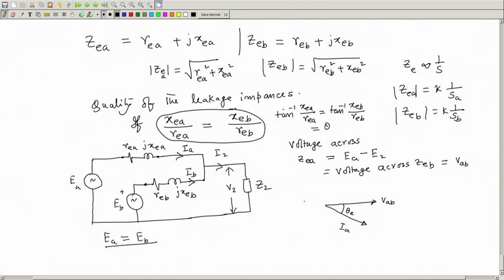IB will also be lagging VAB by the same angle theta e under this condition.